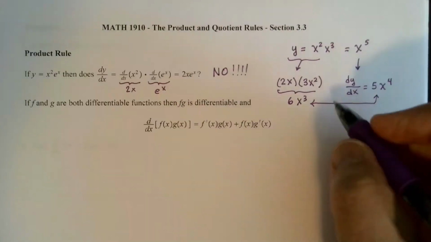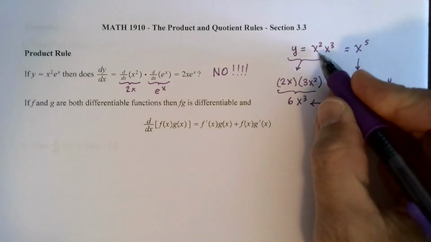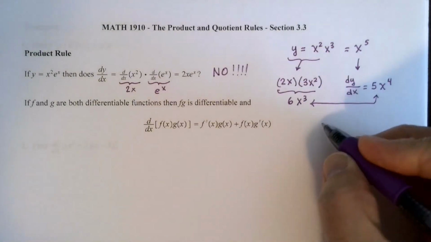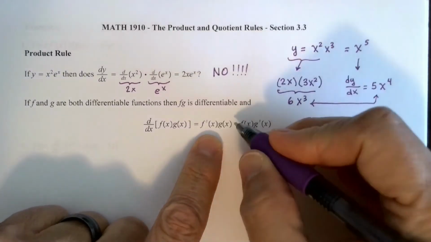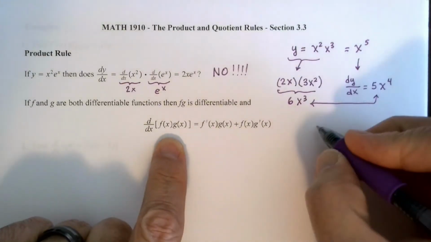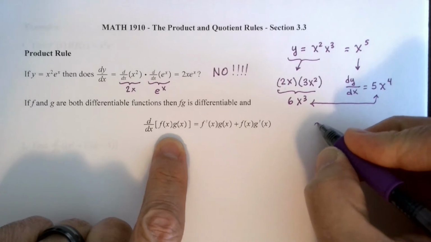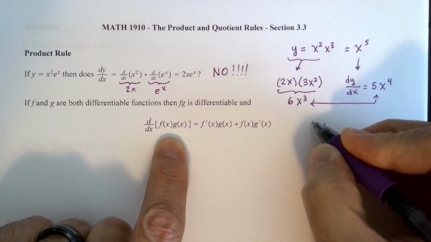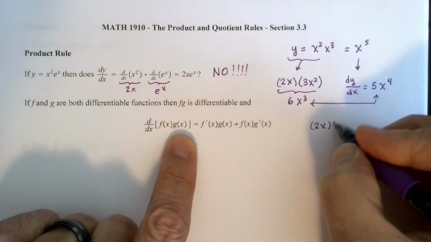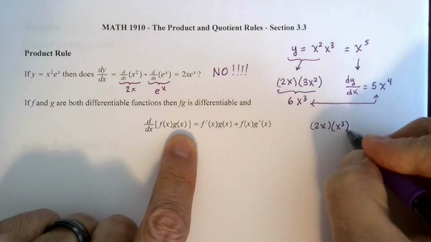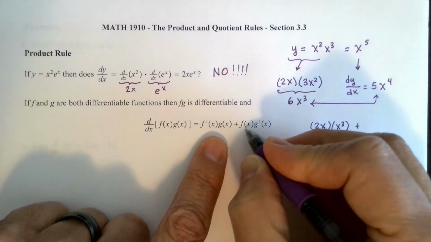And you can see it if I come back to this one here, x squared times x cubed. If I call the first function f of x, which is x squared, then its derivative f prime of x would be 2x. G of x is the second function, which is x cubed. Plus f of x was what again?